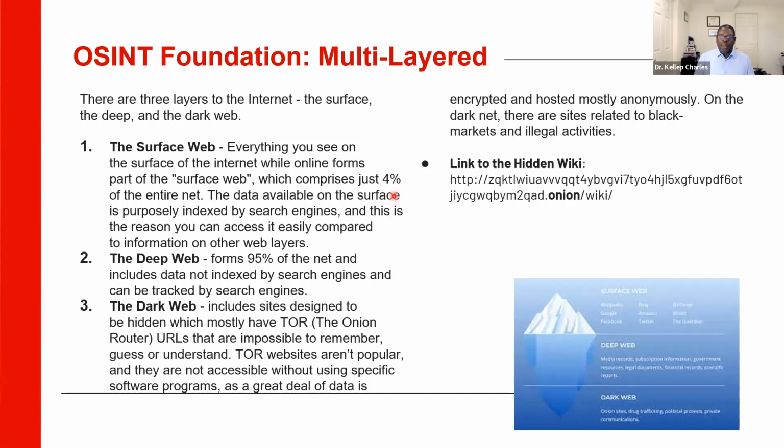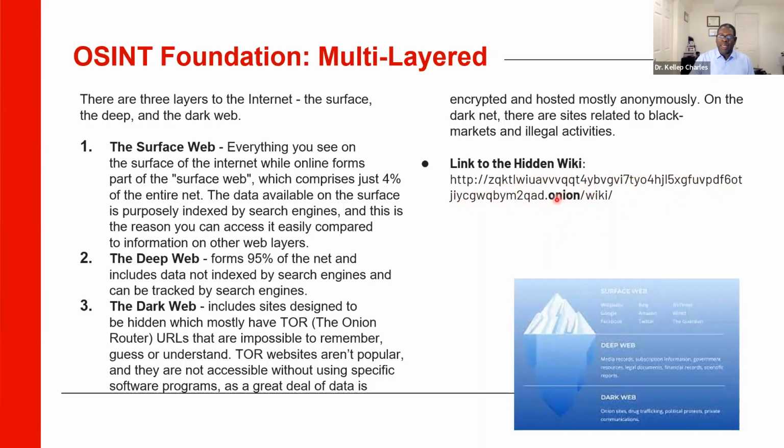The dark web, a lot of the links in the dark web are very hard to remember. So this is an example from a very famous site called the Hidden Wiki on the dark web, where it just has a lot of random characters where it's practically impossible to remember.